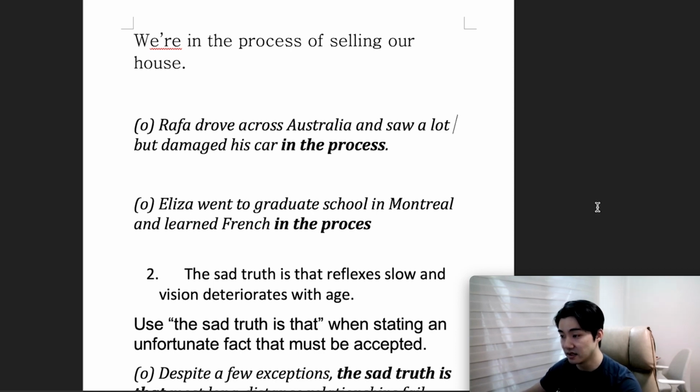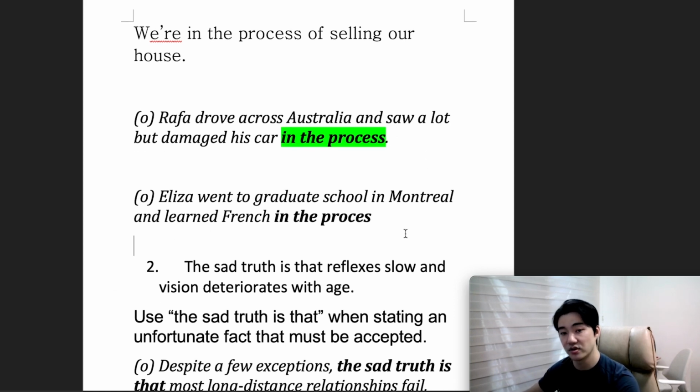So Rafa는 호주를 가로질러 운전했고 많은 것을 보았으나 그 과정에서 그의 차를 손상시켰다. So while he was traveling around Australia, he damaged his car, right? In the process. You could change the sentence to, while Rafa drove across Australia, he damaged his car. It has the same sort of meaning.